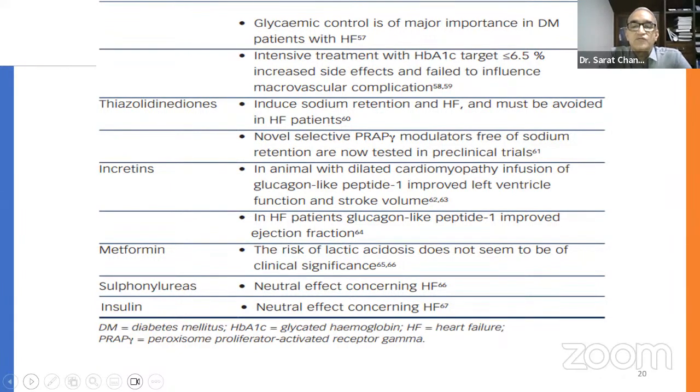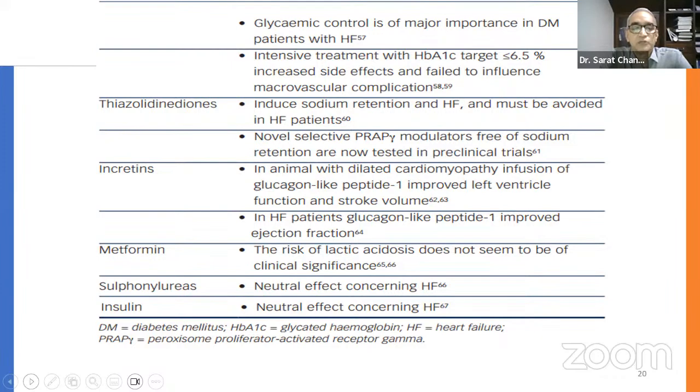Metformin, the risk of lactic acidosis has been suspected for a long time. Today, we really do not think it is of great clinical significance, and metformin can be used in patients with heart failure without much hesitation. Sulfonylureas are generally considered neutral in relation to heart failure.